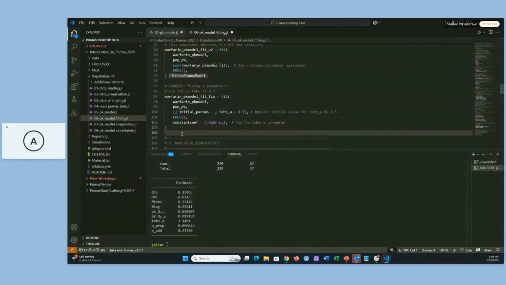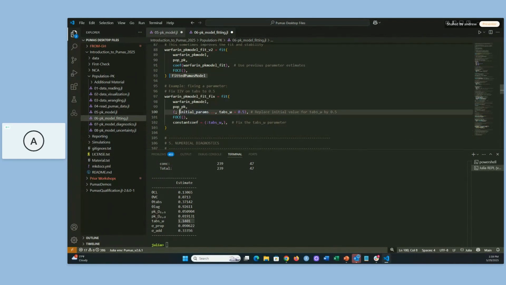Now, there are certain items where you want to fix a known variable. In this case, we have a really high variability around that absorption half-life. And we know, maybe there's some other data, that in the real world example it's only half of that, or less than that.